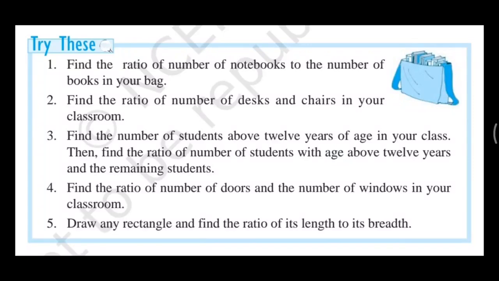Now this is question number 2. Find the ratio of number of desks and chairs in your classroom. So here we have to count desks and chairs, and then we will find the ratio. Now let's do the solution.